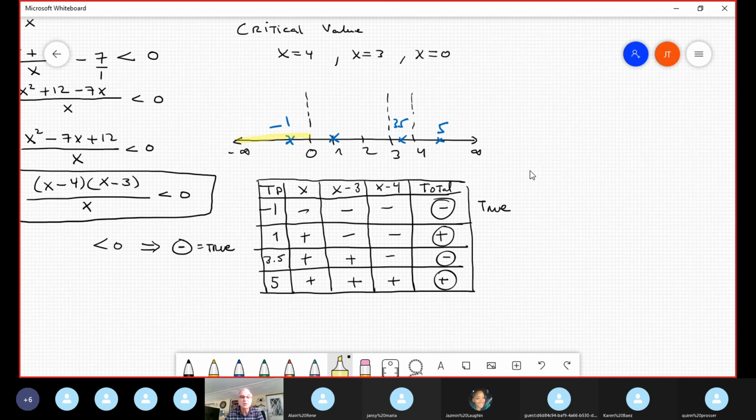This is correct. But this 3.5 passed the test, true. Look at that. Sorry. Entonces the final answer is from negative infinity, comma 0, parenthesis, union, 3.4. This is the final answer.